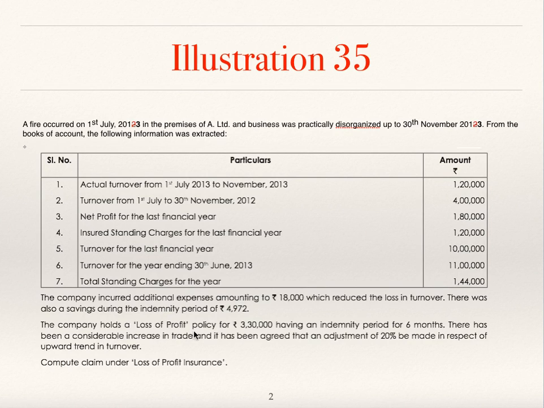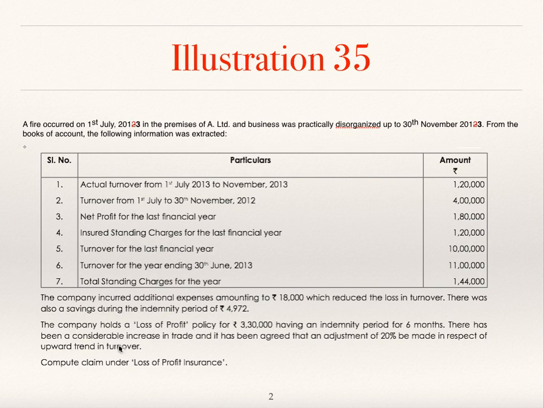The company holds a loss of profit policy for 3,30,000. Now this is the actual policy amount, having an indemnity period of 6 months. Actual dislocation period is 5 months: July, August, September, October and November.